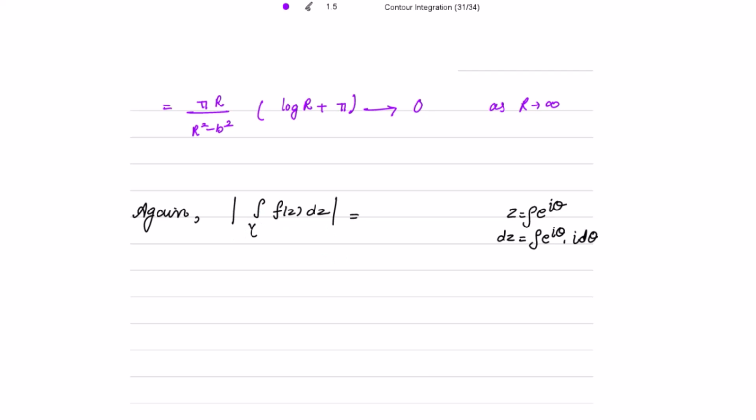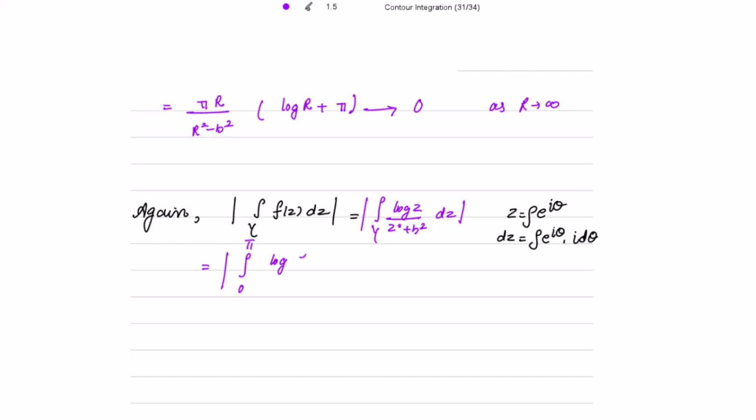So for this integral, just taking the mod, this is f(z) is log of z over z² plus b² dz, where z is now rho e^(iθ), where rho is the radius of this semicircle gamma. So this is equal to, now the limits are from again 0 to pi, it is a semicircle.